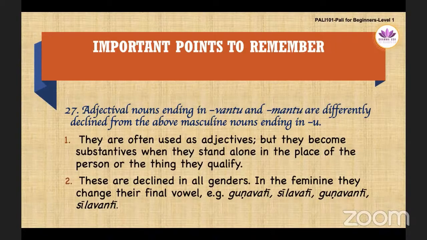Adjectival nouns ending in vantu and mantu are declined differently from the above masculine nouns ending in u. If you remember, we practiced last time Garu, Bhikkhu, Bandhu, Taru, Bahu, Sindhu, Parasu, Aku, Pasu, Ucchu, Velu, Kataccu, Sattu, Setu, Ketu, and those nouns.